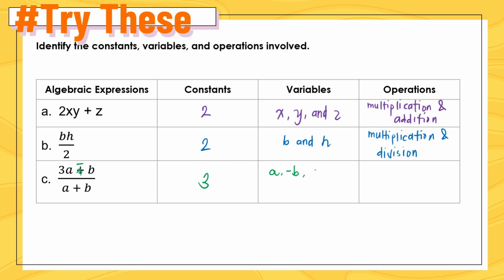And the other one, we got the positive b as well. Okay? No need for you to repeat a variable if it repeats already, no need to write it twice in this column. Okay? So again, we got this variable a, negative b, and positive b.